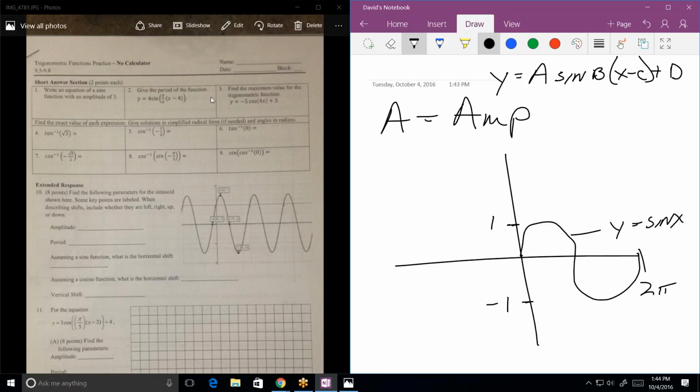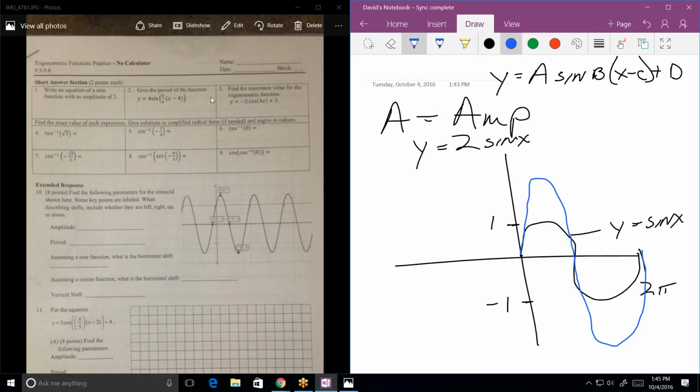So if I said to you y equals 2 sine x, what would that look like in blue? It would look like this. In other words, it would go up to 2. It would have the same frequency.